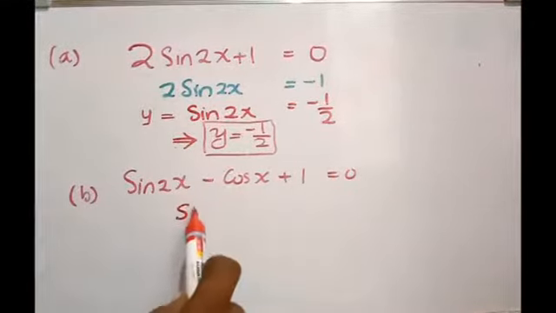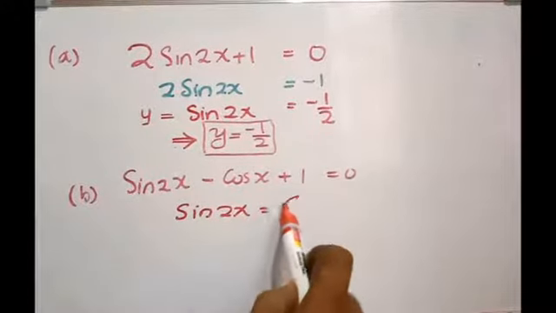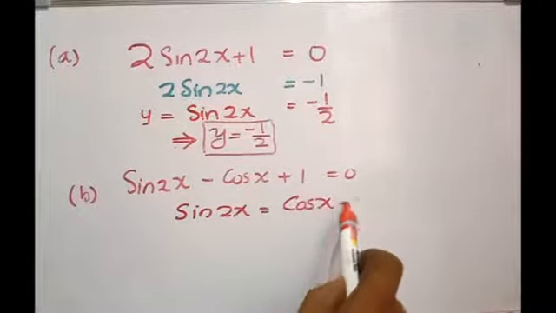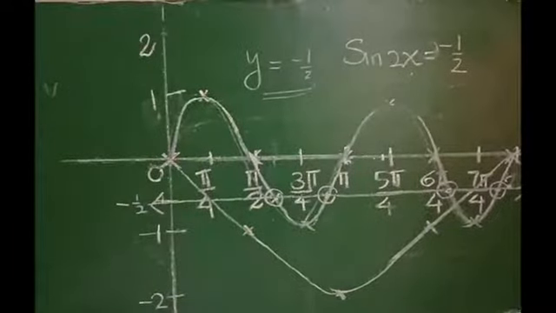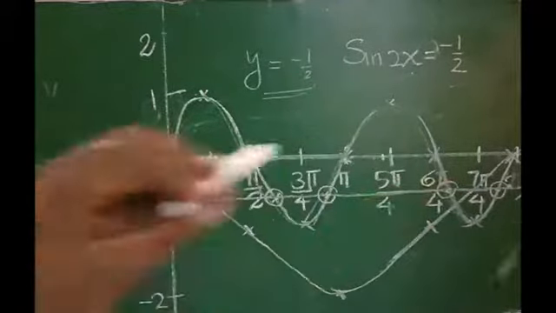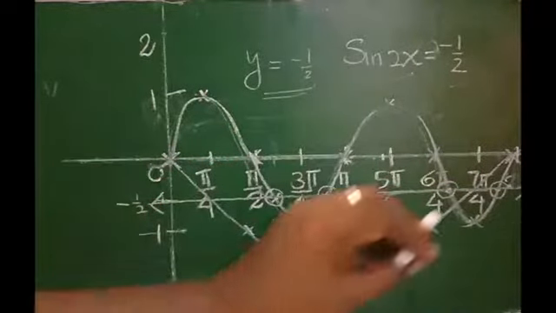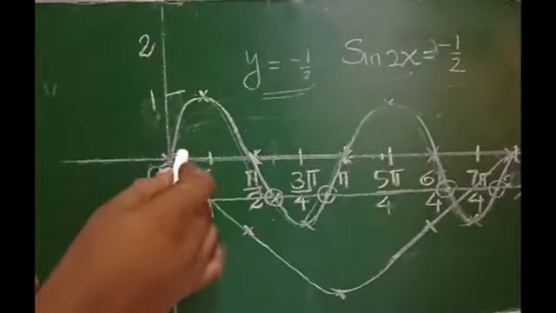And the second part of the question, sine 2x minus cos x plus 1 is equal to 0, gives us the answer sine 2x is cos x minus 1. Look at both the graphs, the sine 2x graph and the cos x minus 1 graph. They meet each other at how many points? Yes, this is one point.